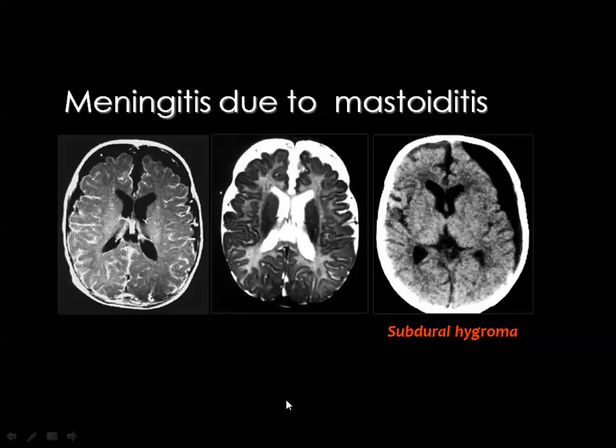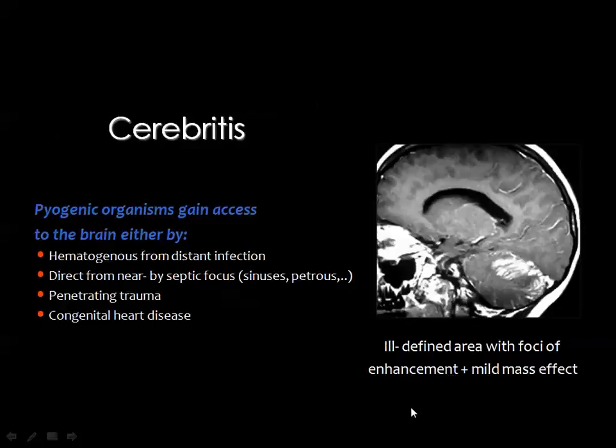Then this is a case of meningitis due to mastoiditis, and the post-contrast image showed extensive leptomeningeal enhancement over the surface of the brain. And after healing of the acute attack, the patient may develop a subdural collection, which is known as subdural hygroma.